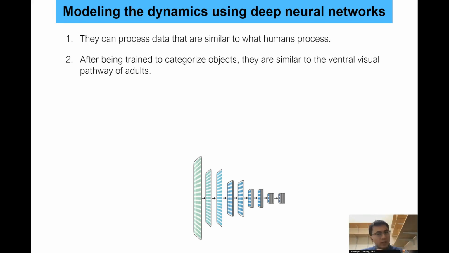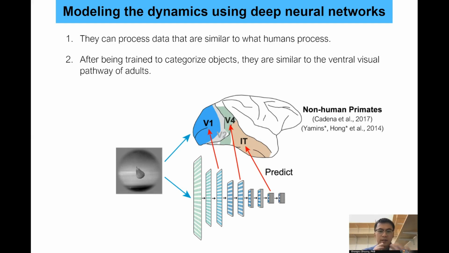Second, which is a more recent finding, is that after being trained to categorize objects, these networks are similar to the ventral visual pathway of adults. Now, what I mean by this is that the intermediate layers of this network can accurately predict neuronal responses in the ventral visual stream of primates, including early area V1, intermediate area V4, and the downstream area IT.